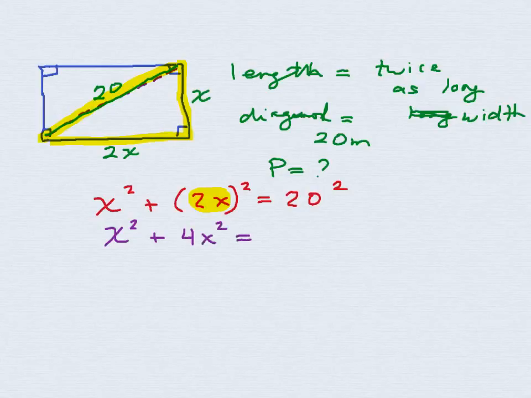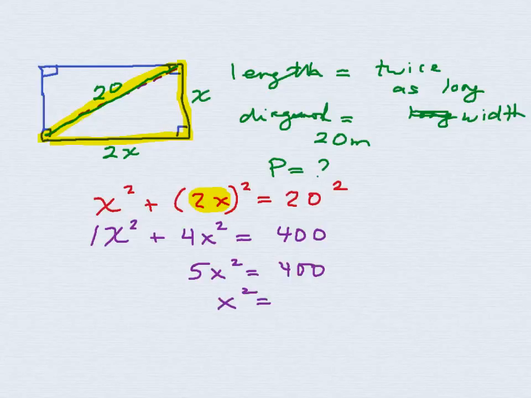And 20 times 20 is 400. Now your next line is going to be the sum of 1x squared and 4x squared. So 5x squared equals 400. So x squared is going to equal 400 divided by 5.